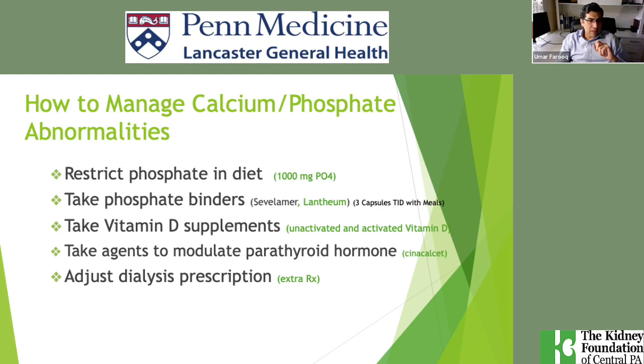And for calcium and phosphorus, again, diet is the main thing. Dialysis can only budge 20 to 30% of the phosphorus load. The binders, which patients take as a pill with the food, bind to the phosphorus in the food, and then patients poop that out.